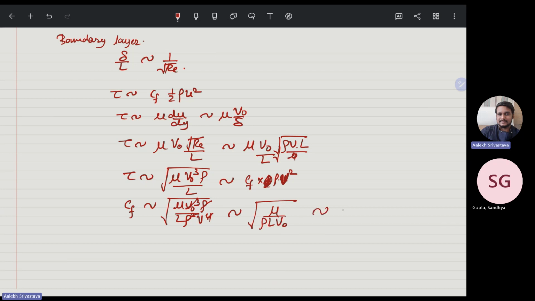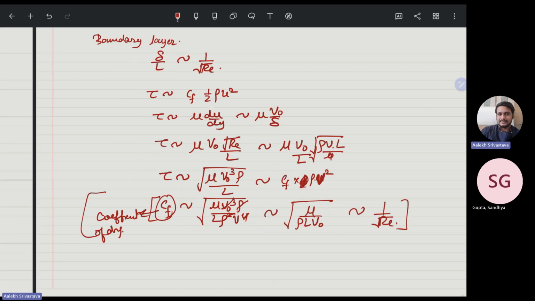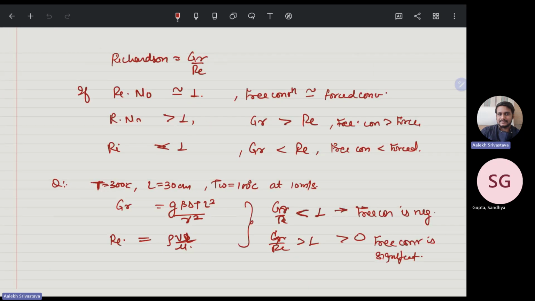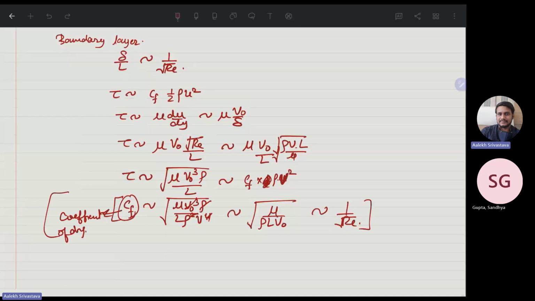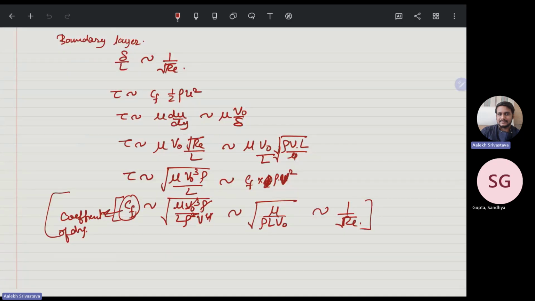And this term is none other than again 1 by under root of Re. So from the order of magnitude analysis only, you can find that your coefficient of drag is also equal to 1 by under root of Re. That is what is beneficial in terms of order of magnitude: you can find the coefficient of drag and how you can solve this.